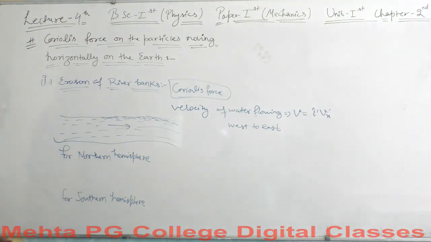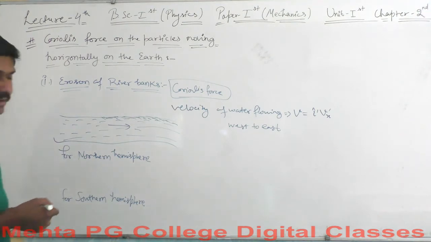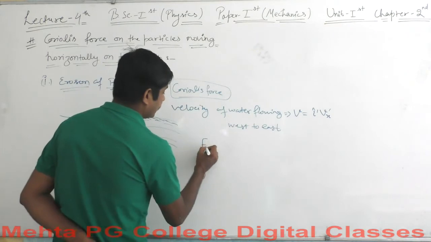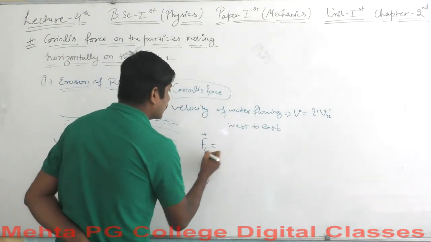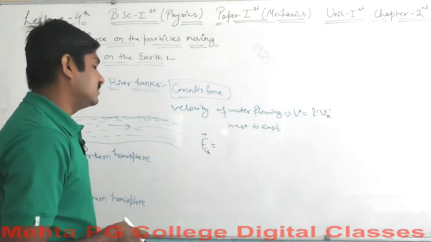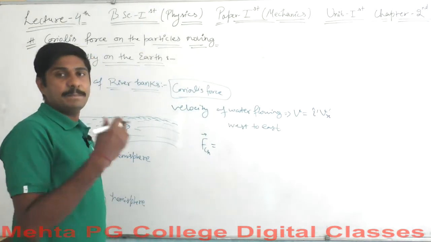So when it is flowing in the northern hemisphere, the horizontal component of Coriolis force acting on the water particles will be FCH, the horizontal component, in the eastward direction. It will keep going towards the right hand side.